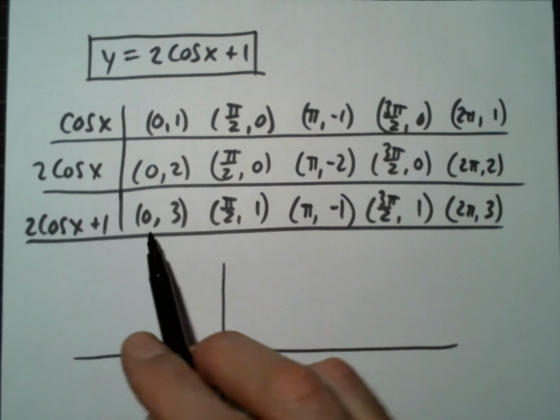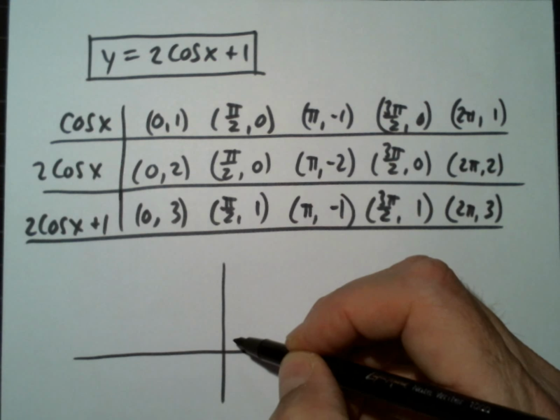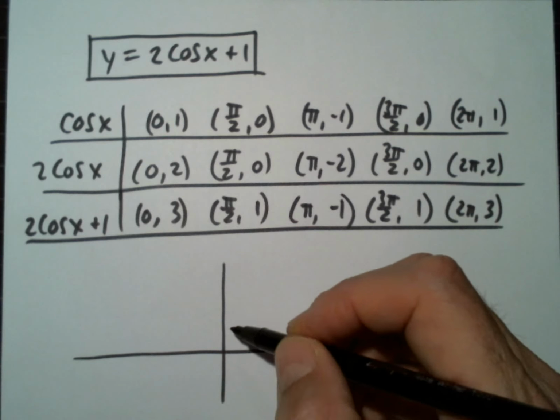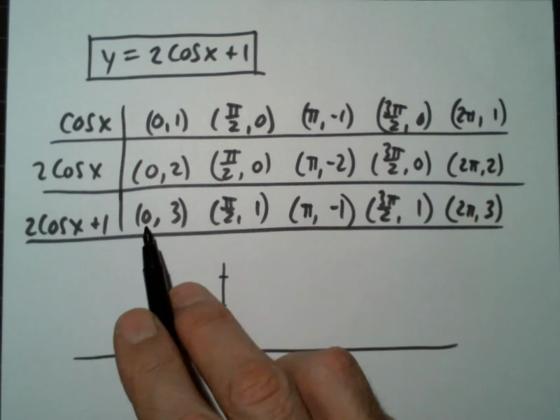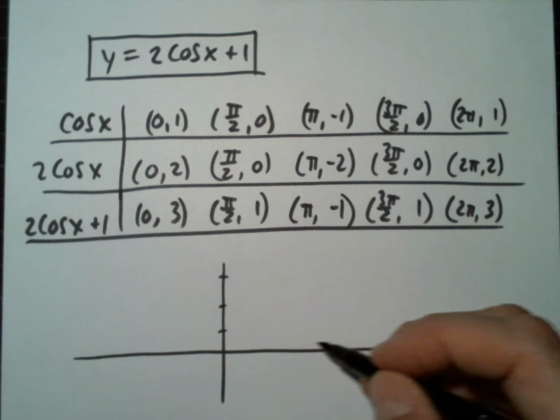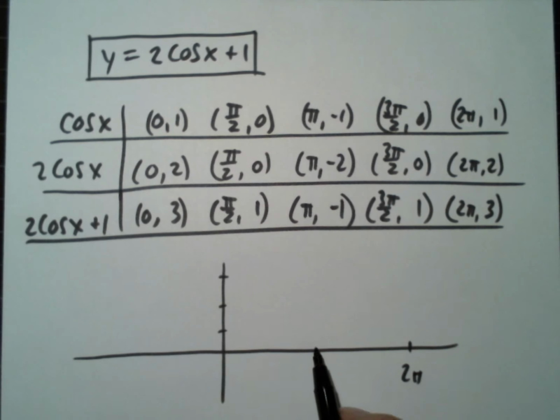So we're going to be at 0, 3, 0, pi over 2, pi. We didn't have any changes in the x, so that'll be the parent function x values.